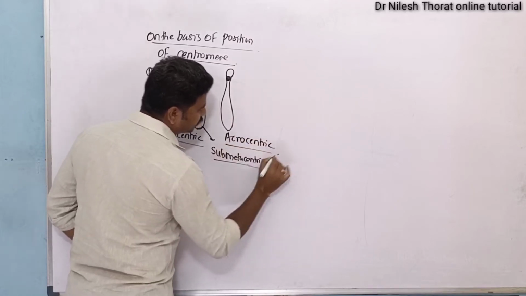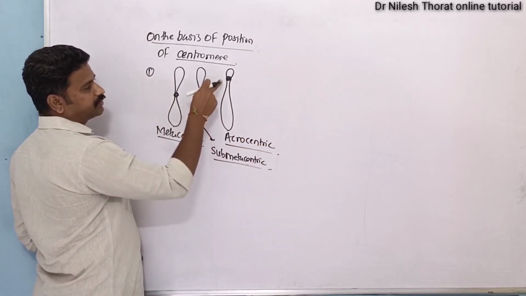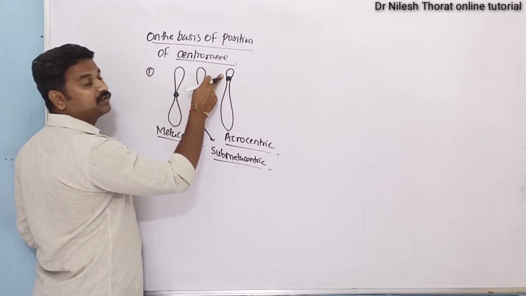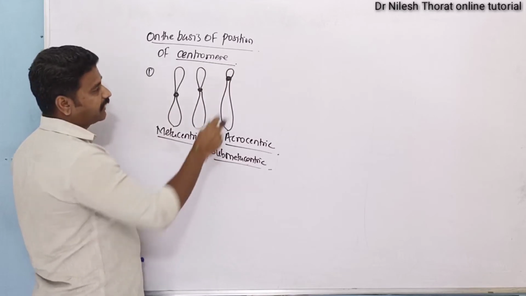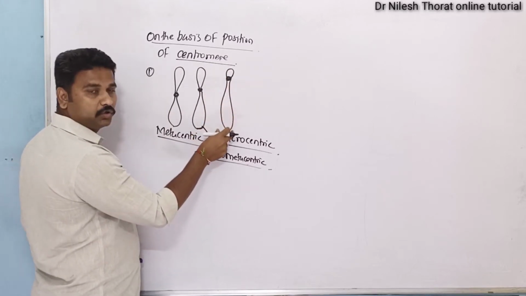acrocentric chromosome. In acrocentric chromosome, the centromere is shifted towards one end and it will produce one arm which is extremely short and one arm which is extremely long.